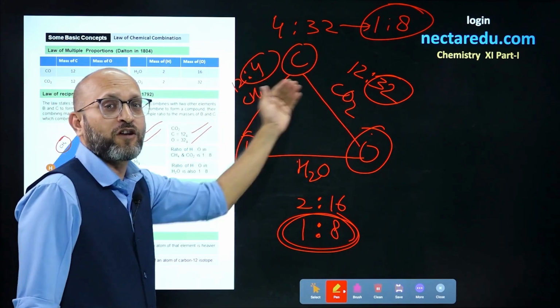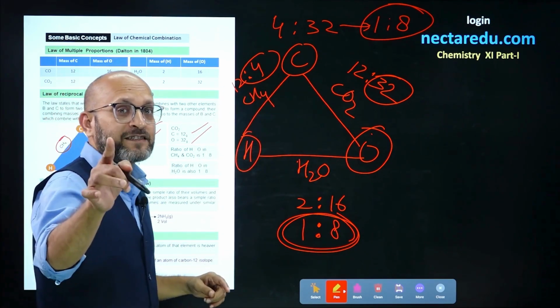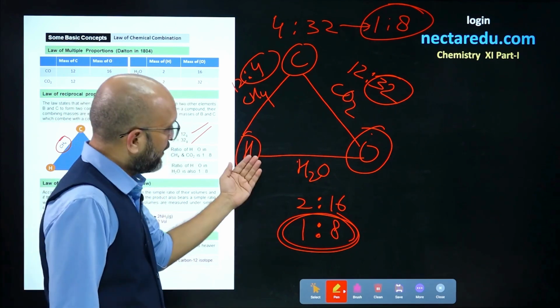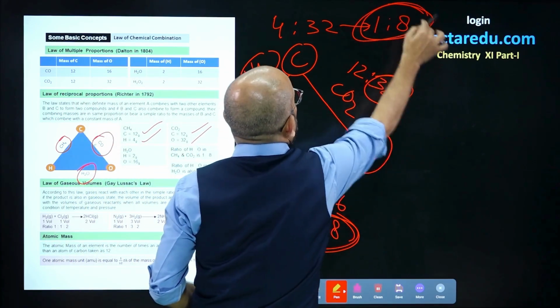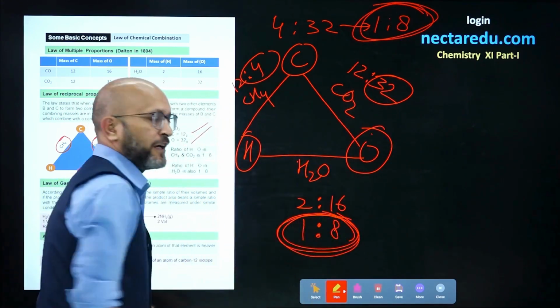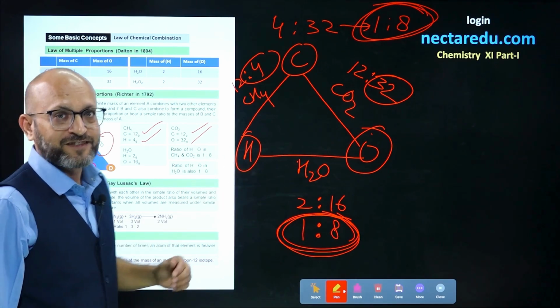The mass of hydrogen and oxygen here is in 1 is to 8 ratio. The same is true when they combine together to form water, that is 1 is to 8. So, the ratio over here, 1 is to 8, is the same as the ratio over here, 1 is to 8. That is what the law of reciprocal proportion is all about.